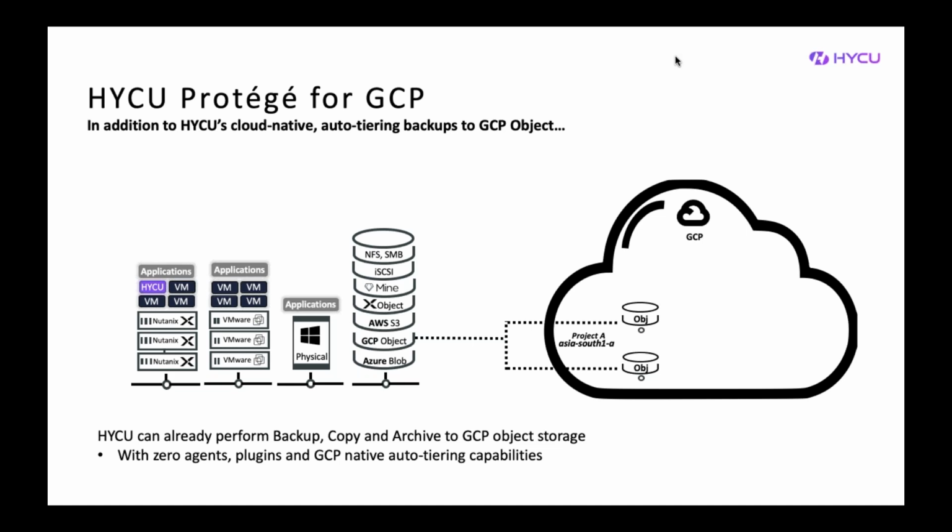In addition to that, HYCU has a transparent auto-tiering capability where HYCU can automatically discover your object tiers based on your subscription, and it can move the data from your standard to your archive tiers in an invisible fashion.